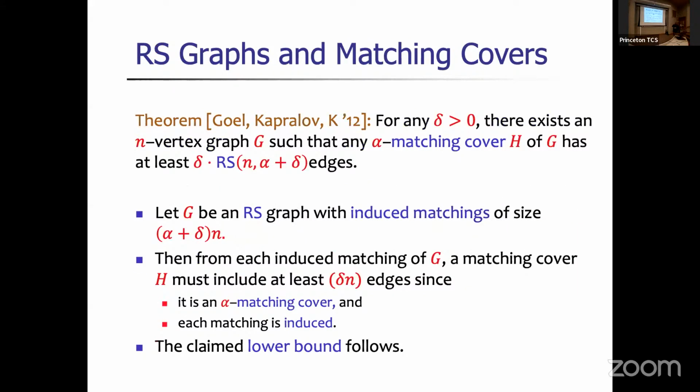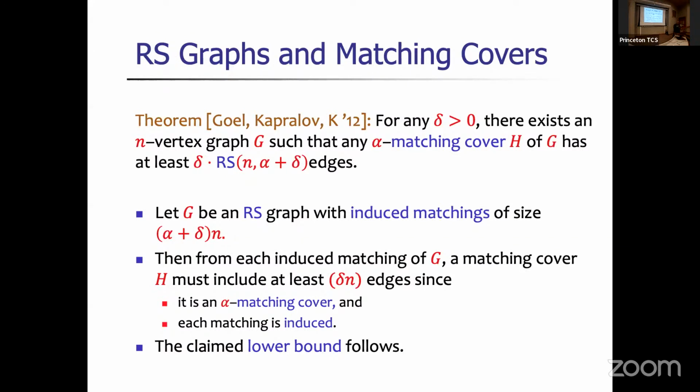Okay, so what's the connection to matching covers? Here is a result that was shown in my earlier work: any alpha matching cover must have at least roughly as many edges as an RS graph, which has induced matchings of size slightly larger than alpha.